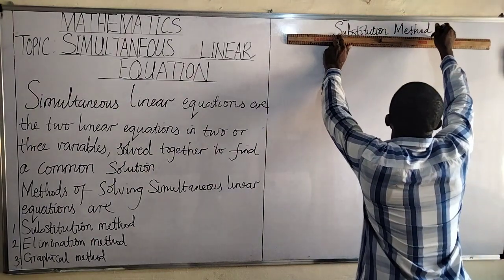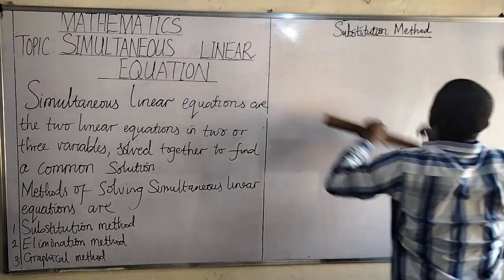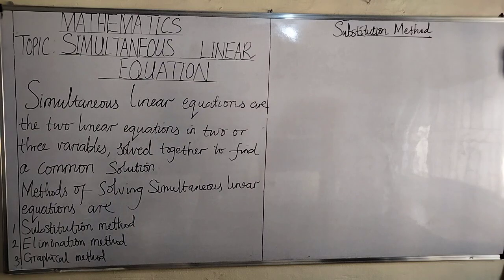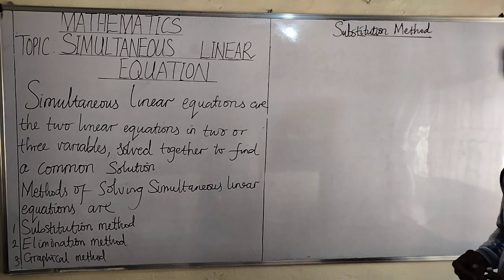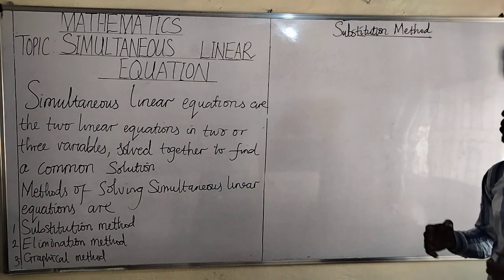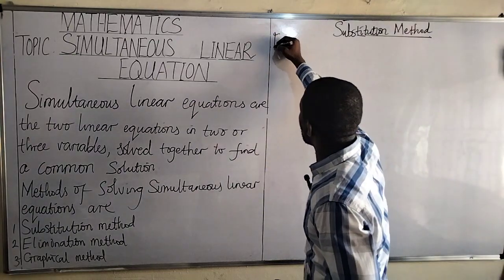It's all about solving simultaneous linear equations, in the sense that we are going to make one of the variables the subject of the formula and substitute it in the other equation and get the solution. Alright? So let us have an example here.